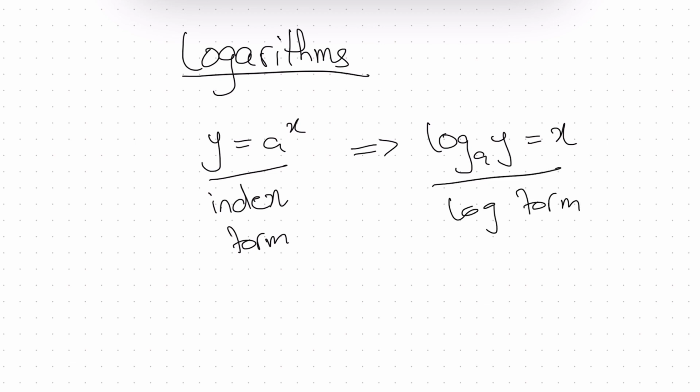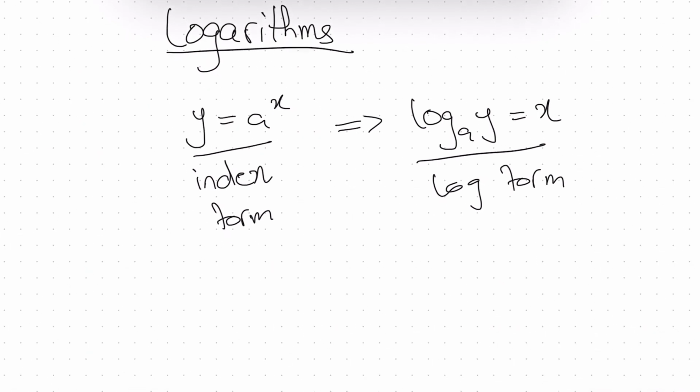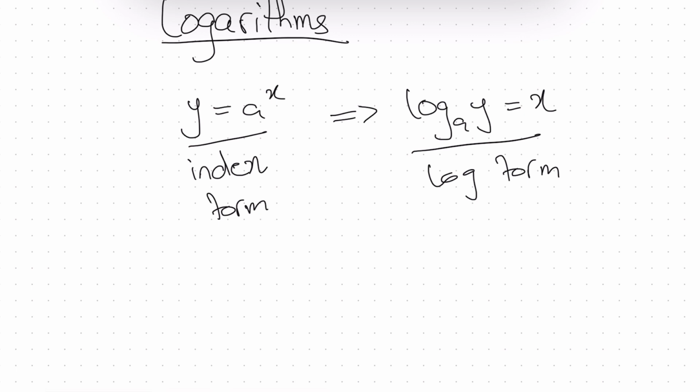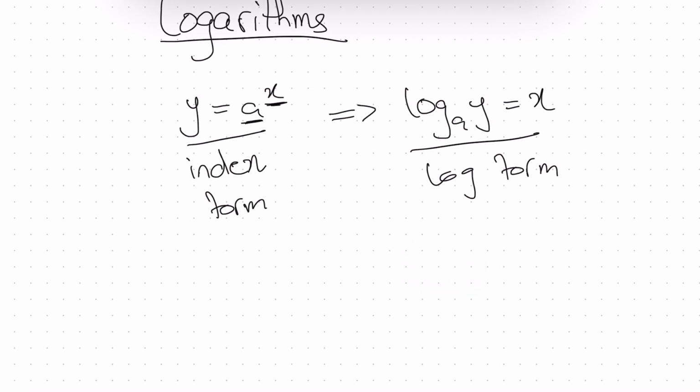Okay. So, what is logarithms basically? So, logarithms is, to what exponent, like this is the exponent, to what exponent must we raise a certain base? So, a over here is a base to get a given number, and y over here is the given number.